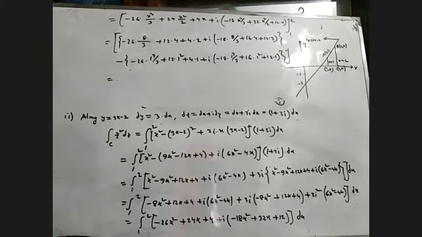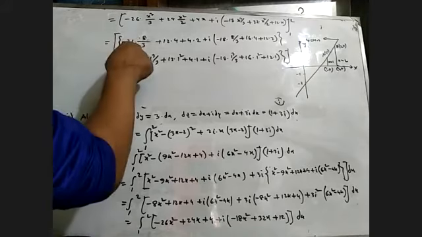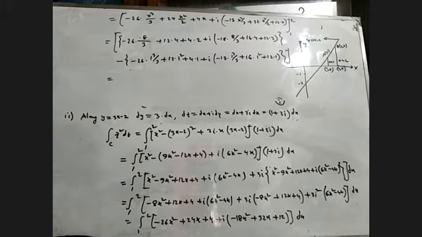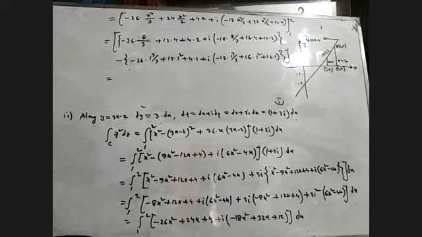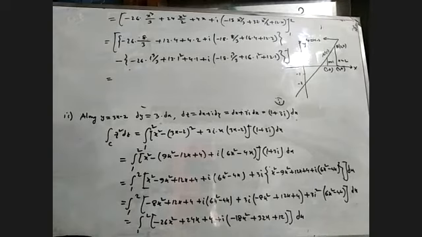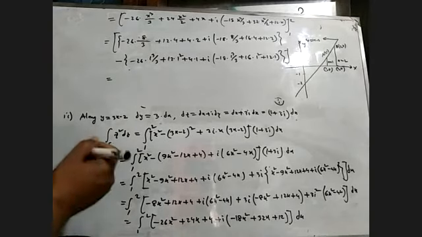Nine by 3, that means only 3 into 26, what? 3 into 26, 78, sir. 78.